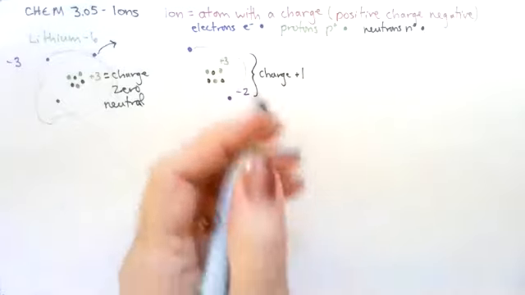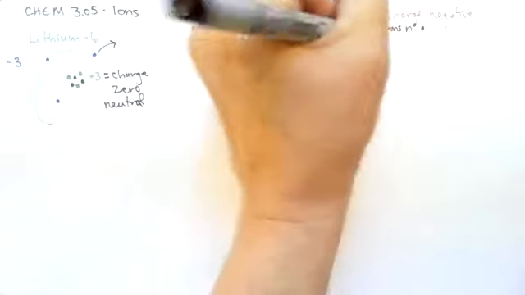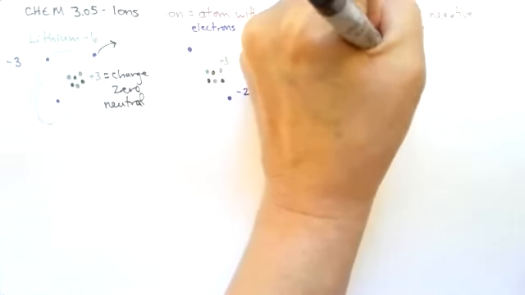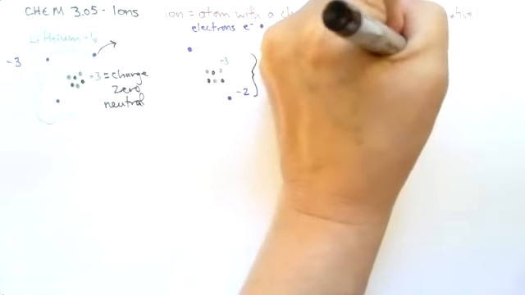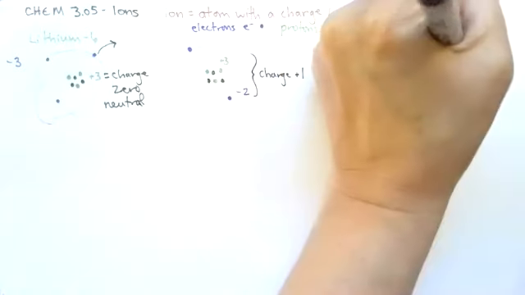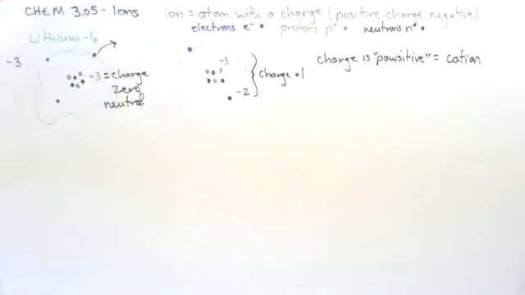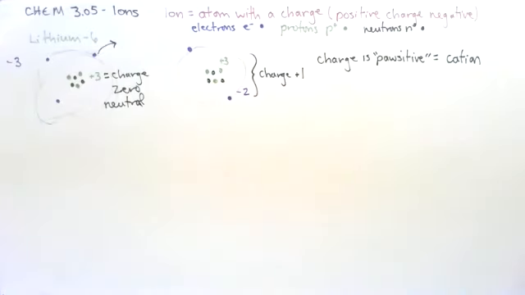If the charge is positive, we call it a cation. A cation. Get it? Positive cation.